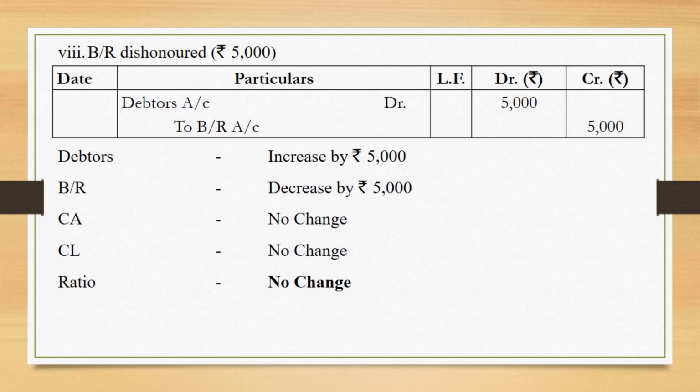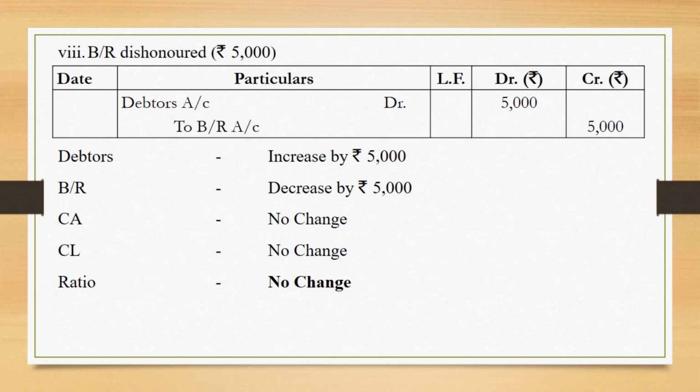Next, bills receivable dishonored. When the bill gets dishonored, the entry passed is debtors account debited to bills receivable. The reason is very clear, because debtors become our debtors again. We need to collect the amount again from the debtors for that dishonored bill. So what is the effect?